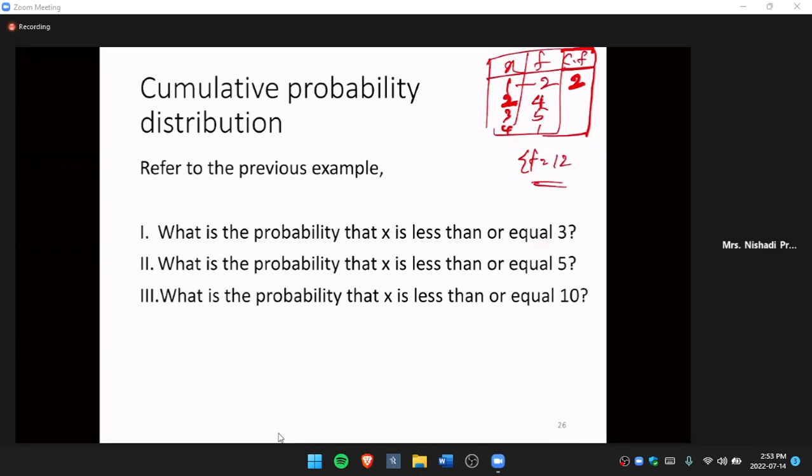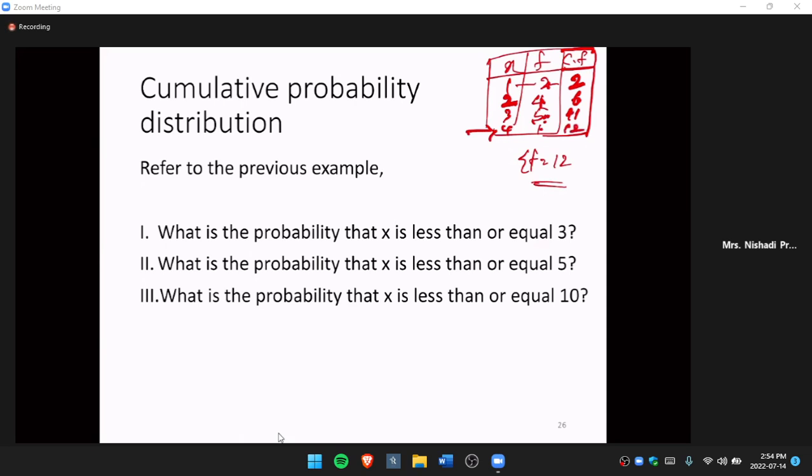You have to add both 2 and 4. 2 plus 4, that is 6. The cumulative frequency when x equals 3 is not 5. It is 6 plus 5, all the frequencies, 2 plus 4 plus 5, that is 11. And the cumulative frequency when x equals 4 is 2 plus 4 plus 5 plus 1, that is 11 plus 1, that is 12.